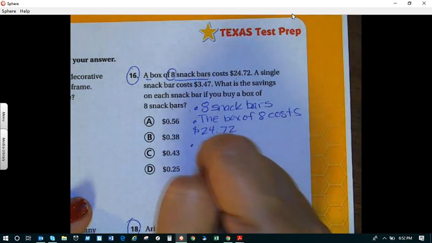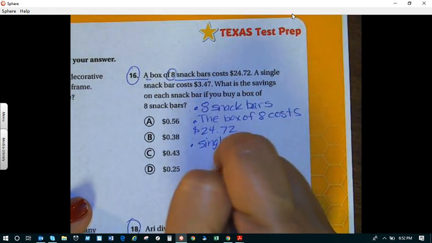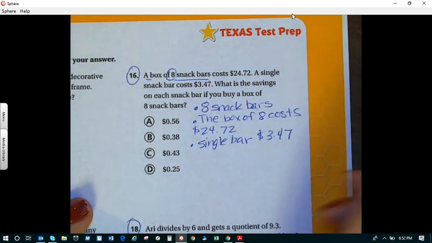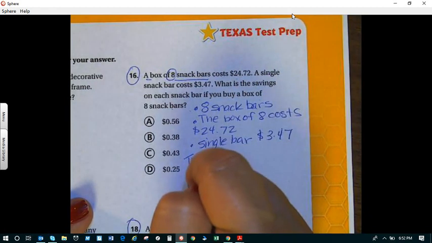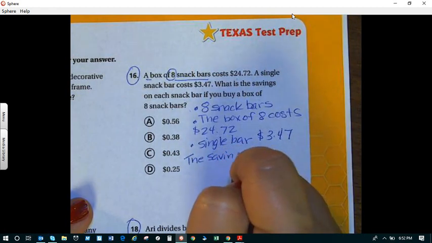Okay, a single bar costs $3.40. Okay, so what is the savings on each box? So I'm going to put the savings, not box, but bar.